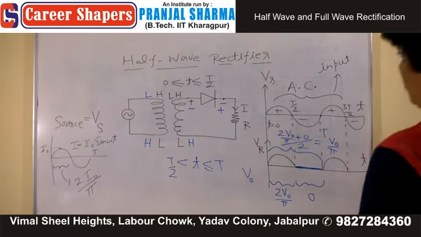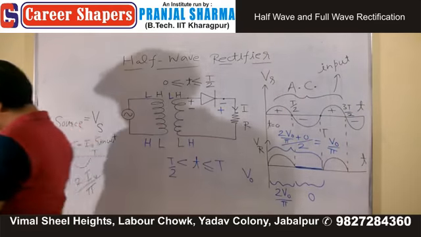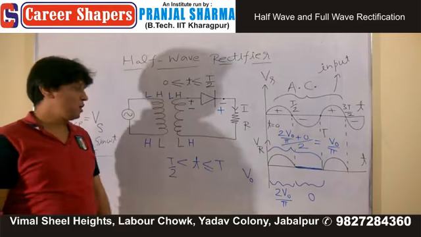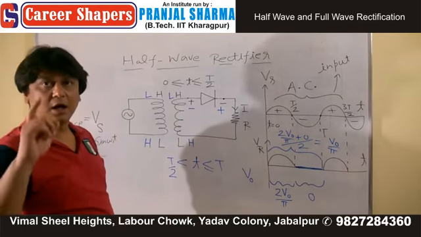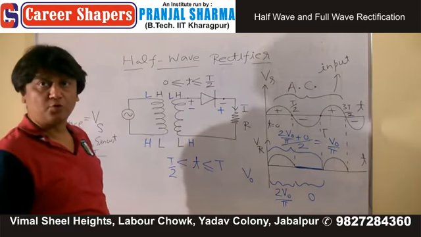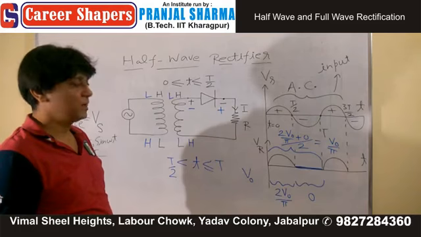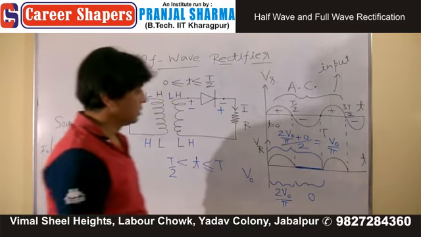Let's see how many of you can answer this part. What is the RMS value of voltage? RMS value of voltage, output voltage for one complete cycle. Write down the question.